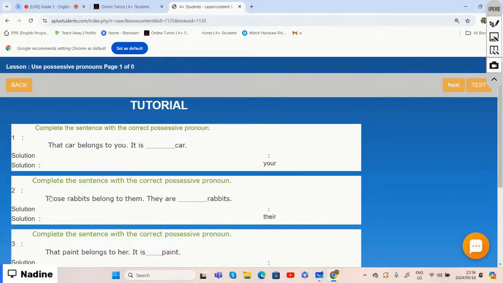All right, so we say those rabbits belong to them. And if those rabbits belong to them, who does it belong to?